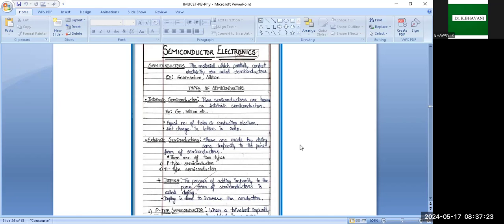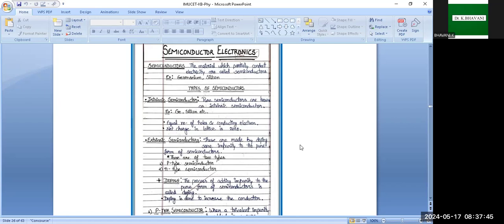One is intrinsic semiconductor, another is extrinsic semiconductor. The intrinsic semiconductor is the pure form of semiconductor, that is germanium and silicon, which has an equal number of holes and conducting electrons, and the net charge in the lattice is also zero.